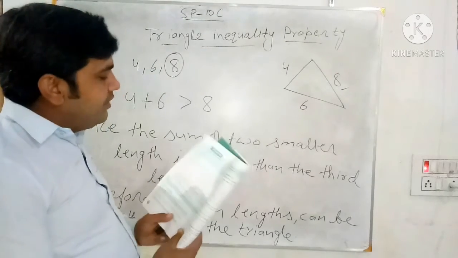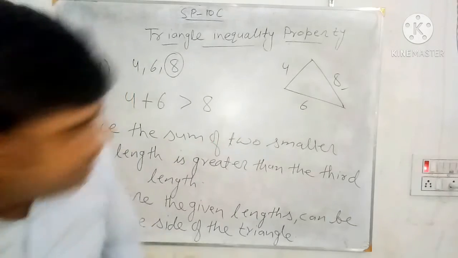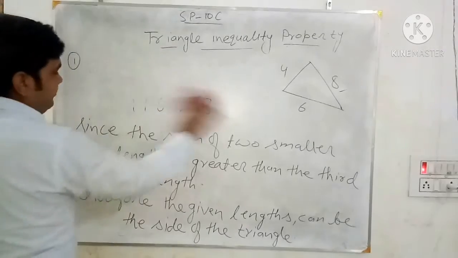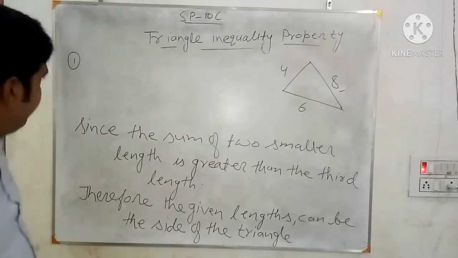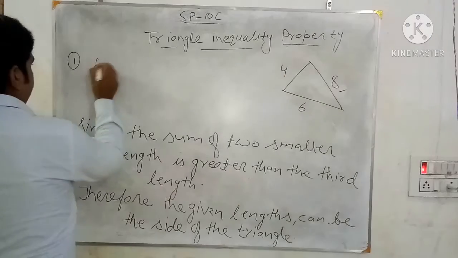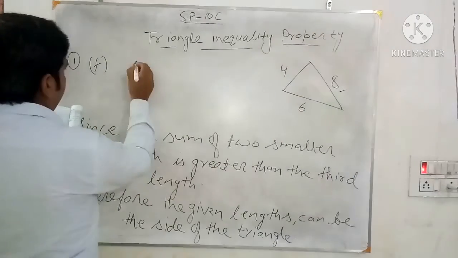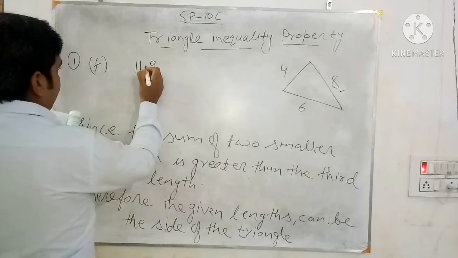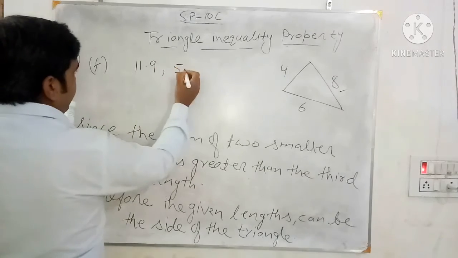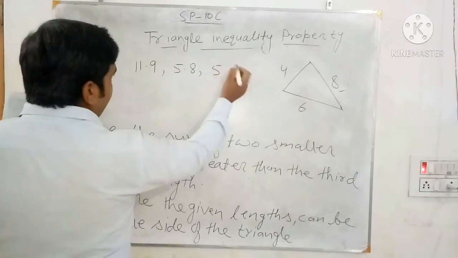Now another one we check, question number 1F. Now see in this 1F, what is the data given? The first length given is 11.9, the second length is 5.8 and the third length is 5.8.